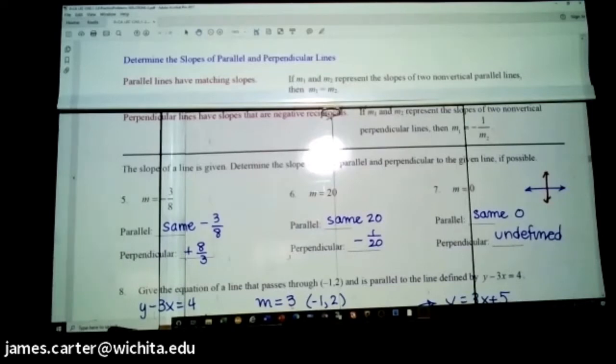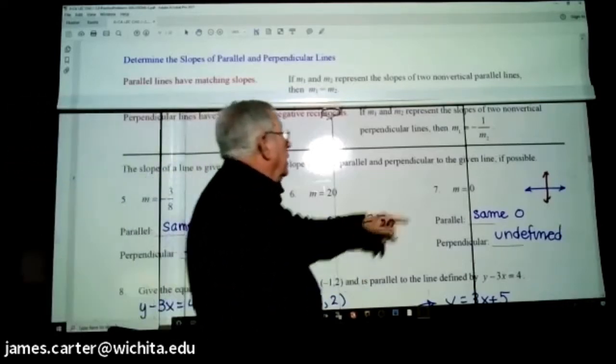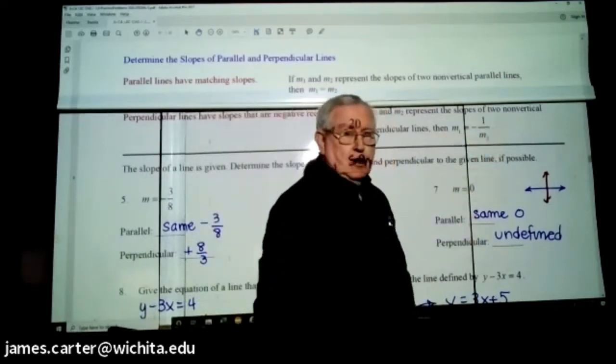Okay, you can see some of the review instruction. Parallel lines have the same slope. Perpendicular lines have negative reciprocal slopes.